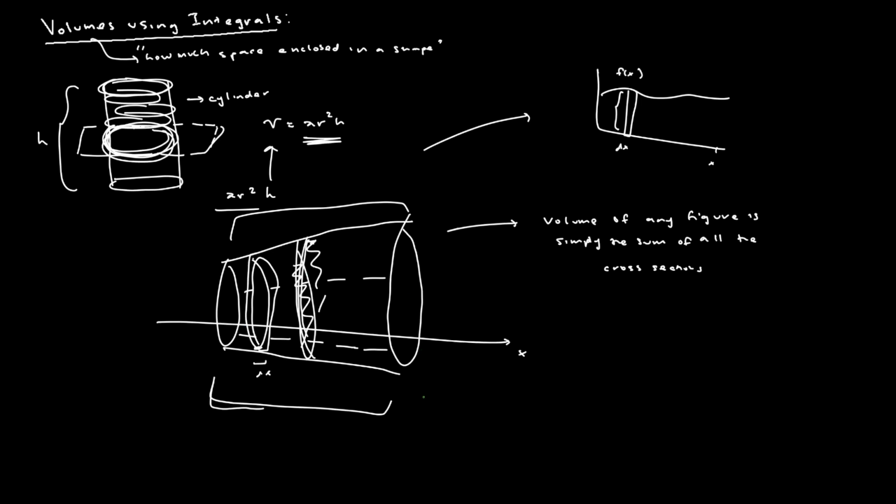So looking at that tells us that volume is essentially just the integral from a to b, where a and b represent the lower and upper limits of whatever figure we're worried about, of A(x), where A(x) is just the function that determines our cross-section area, times dx. We need that dx to add that little height that gives us the infinitesimally small volume that we want to add up.